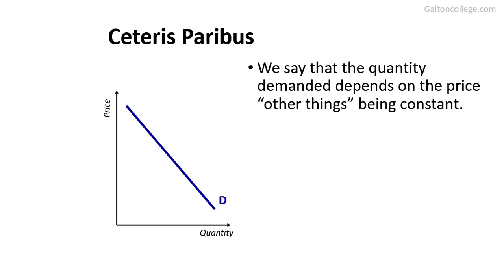We get around this by this little wheeze that economists have got called ceteris paribus. We say that the quantity demanded depends on the price, other things being constant, everything else being constant. So we ignore everything else.